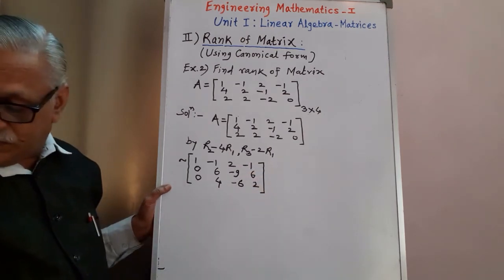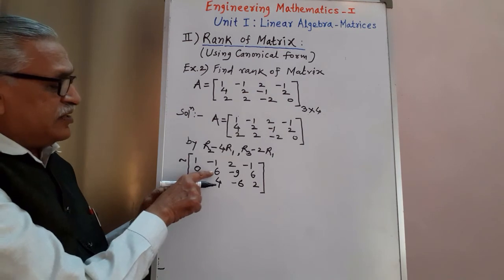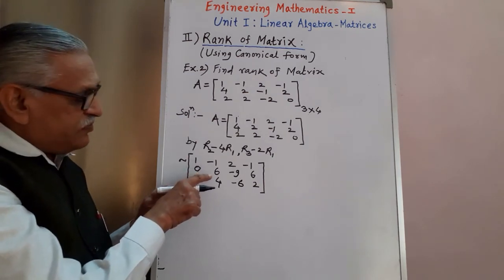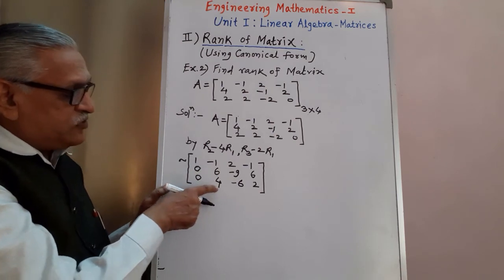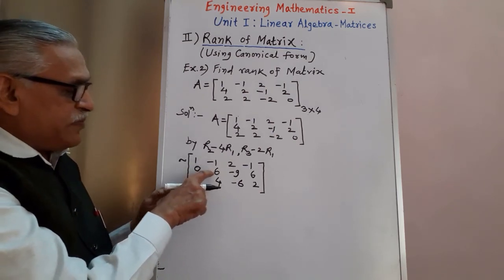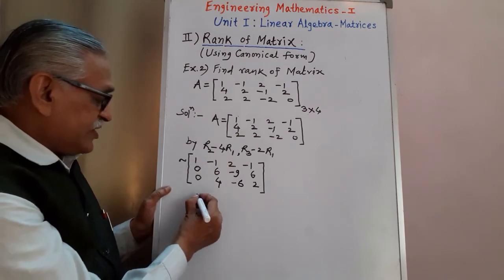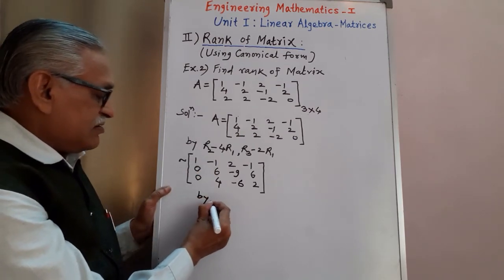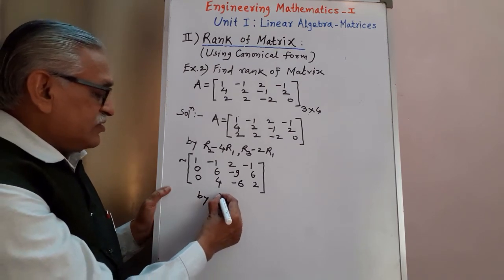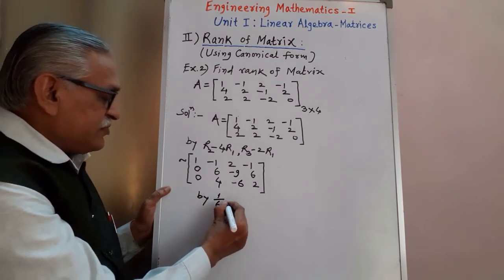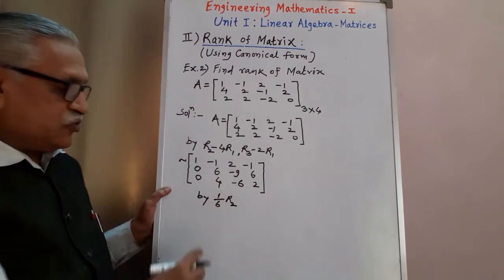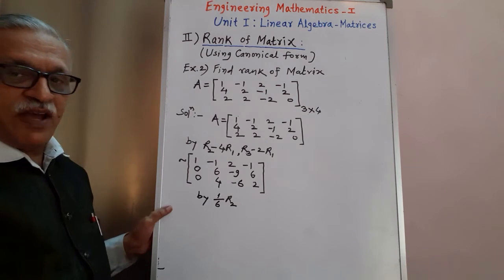Okay. Second diagonal element is 6, non-zero, but with the help of this 6 it is somewhat difficult to make it 0. Therefore, though it is non-zero, I will make it 1 by using the elementary transformation 1 by 6 times R2, multiplying the second row by the non-zero scalar 1 by 6.